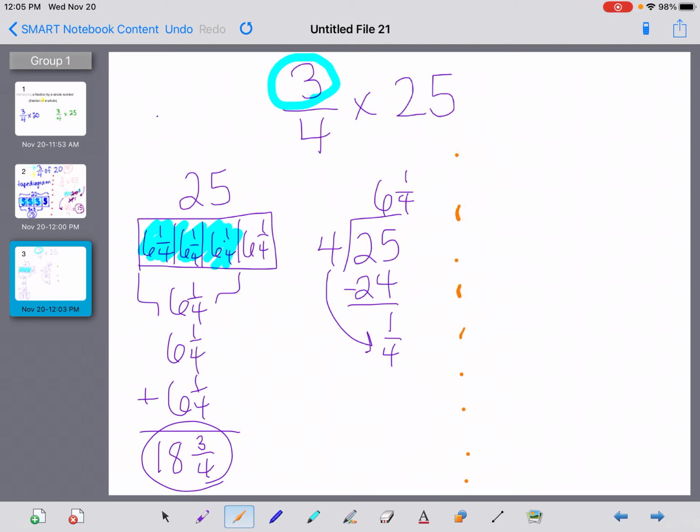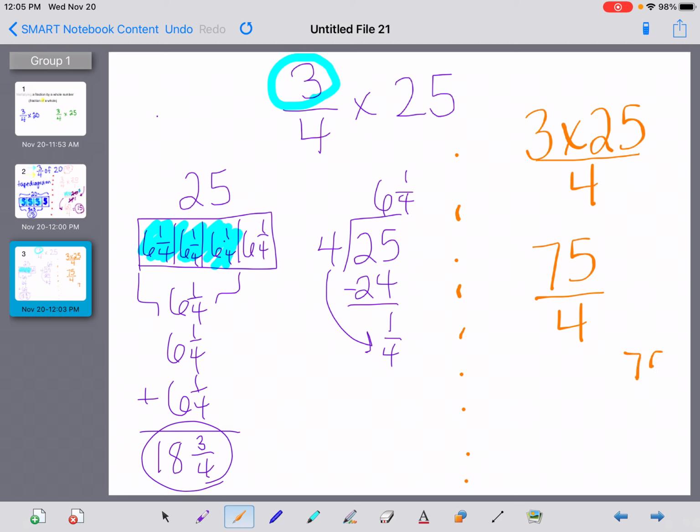So this is where we would see kids go ahead and say 3 times 25 and then divide by 4. If you practice your quarter math, 3 times 25 you already know is 75. 75 divided by 4. We're going to work that out and think about our problem. 75 divided by 4.